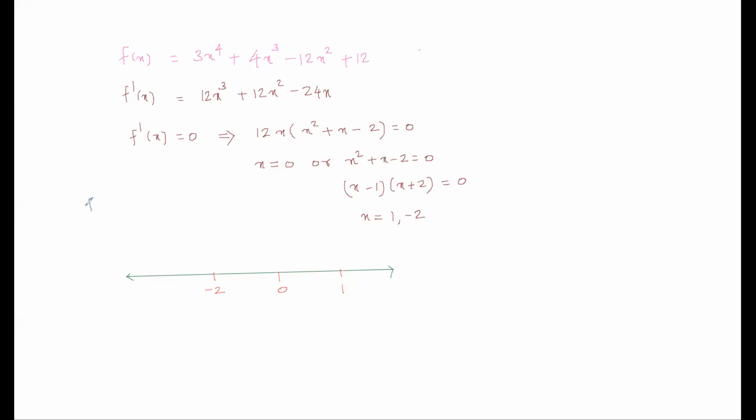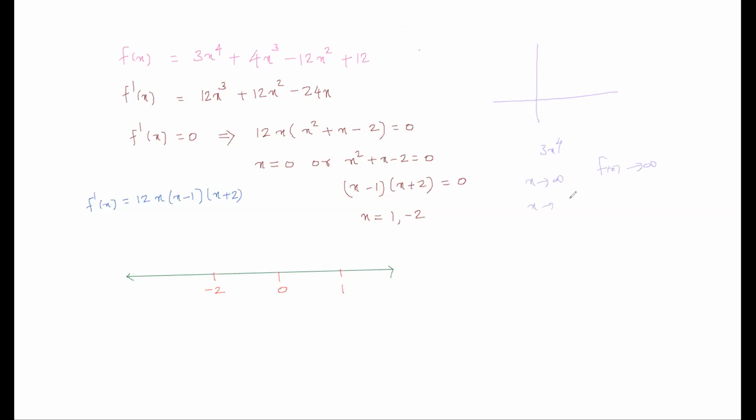You already got f dash x is equal to 12 into x into x minus 1 into x plus 2. Before that, if we check the end behavior, we can also check whether there is a maximum or minimum. Only the first term, 3x to the power 4: when x is going to infinity, f of x will also go to infinity.